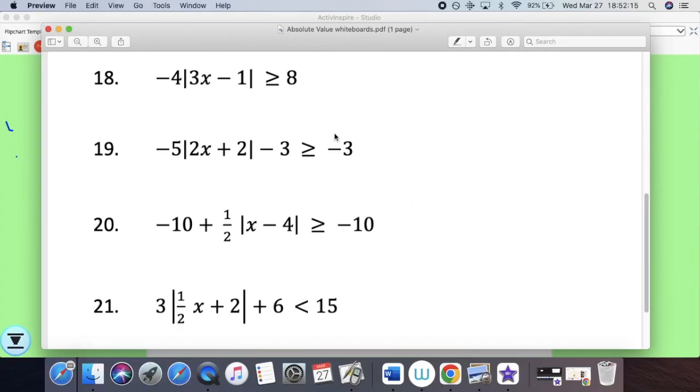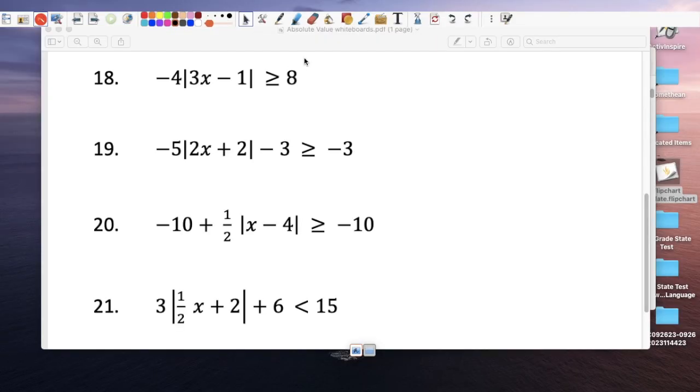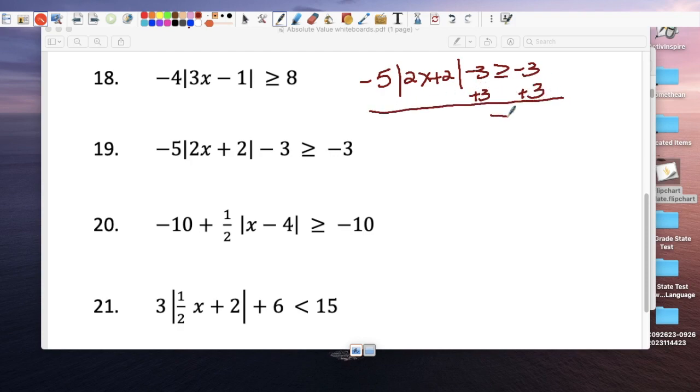So for that particular problem, this is again a no solution problem. Okay. This particular problem is a little special. -5 times the absolute value of 2x plus 2, minus 3, greater or equal to -3. Let's simplify that first. We're going to add 3 to the left side and add 3 to the right side. These are going to go away and we're left with 0 on the right side.